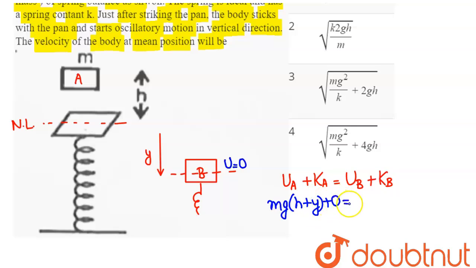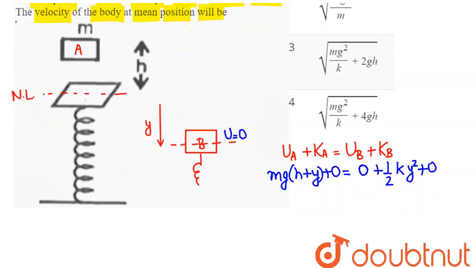Kinetic energy at point A is 0 as the body is released from rest. At point B potential energy due to gravitation will be 0, potential energy of spring will be half of k into y square, and kinetic energy at maximum compression is 0.